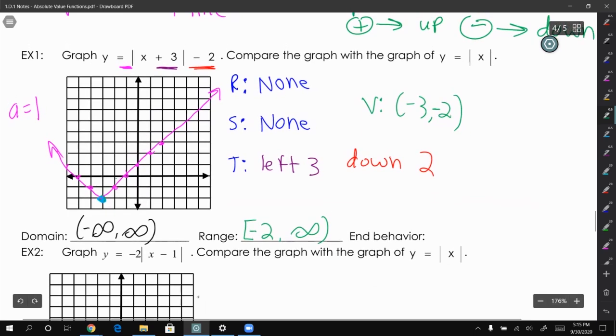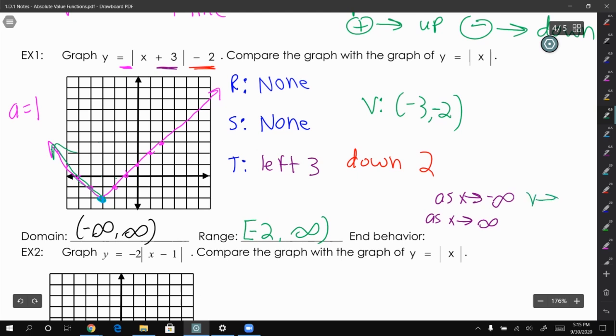Now the end behavior. Remember, for end behavior, we're going to have a left side and a right side always. So as x approaches negative infinity, that means left side. And as x approaches positive infinity, that means right side. So the left side is going up. Is going up.